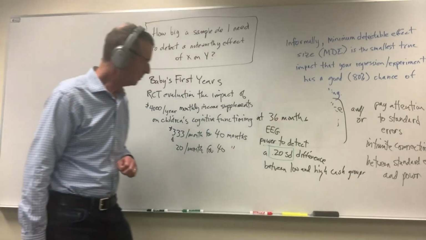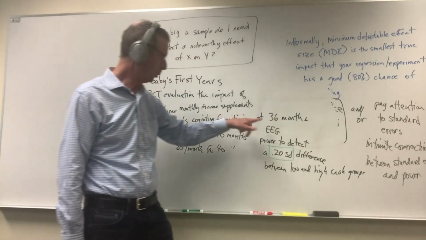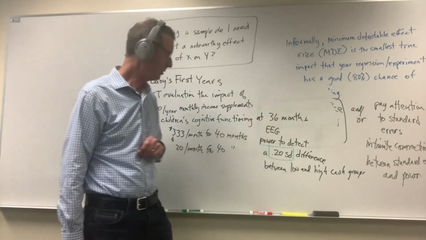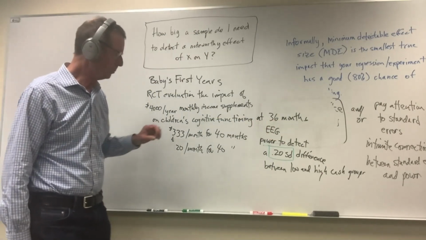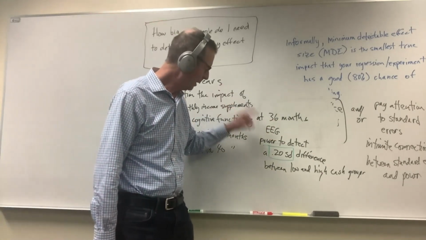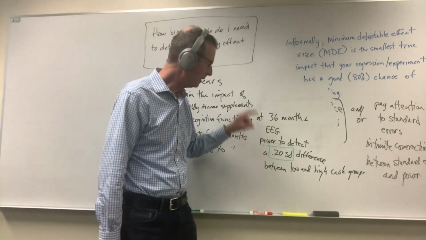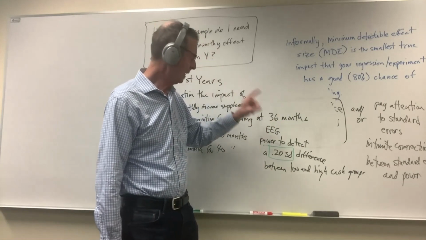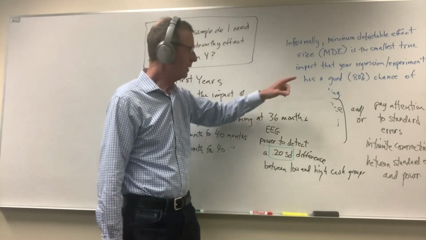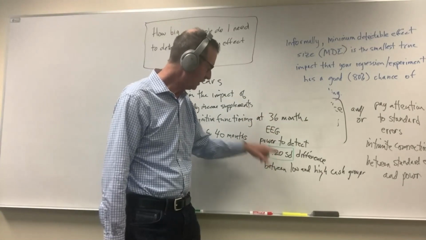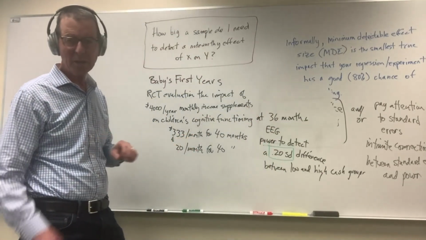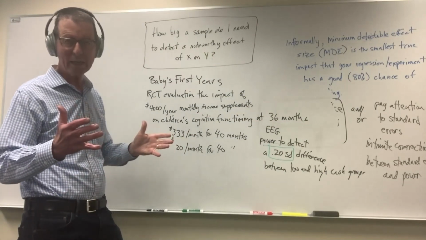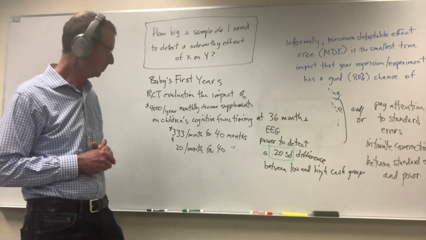It looks like because of COVID, this will have to be 48 months rather than 36 months. But that is not an important detail for the power analysis. The power analysis says how many cases do we need to have an 80% chance of detecting a 0.20 standard deviation difference between families that were assigned to the high cash group and the low cash group.